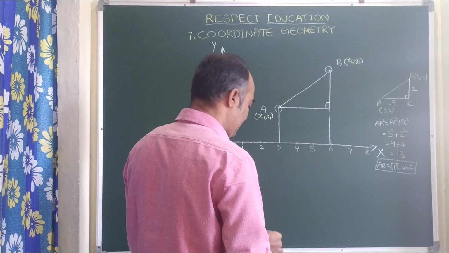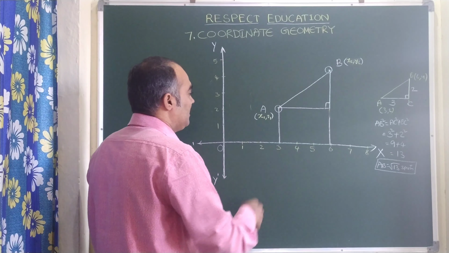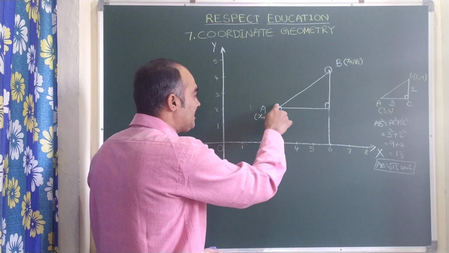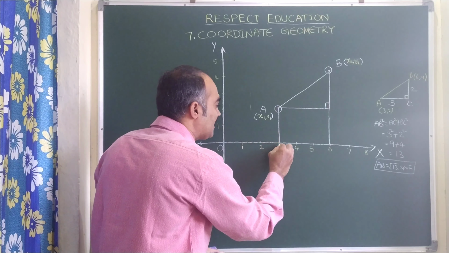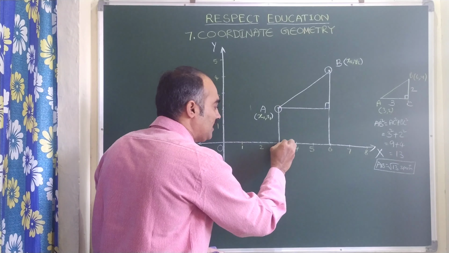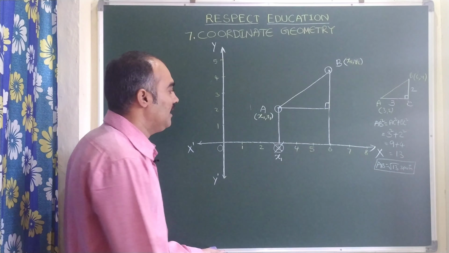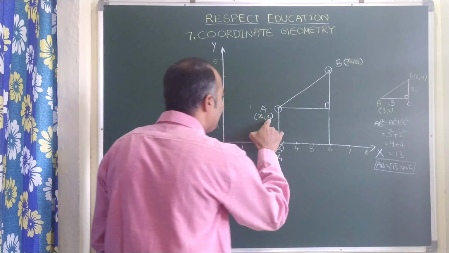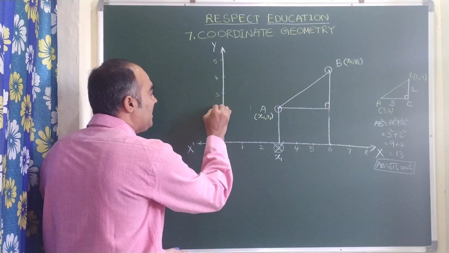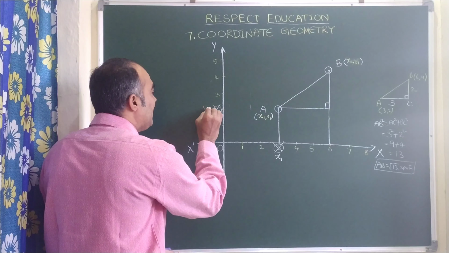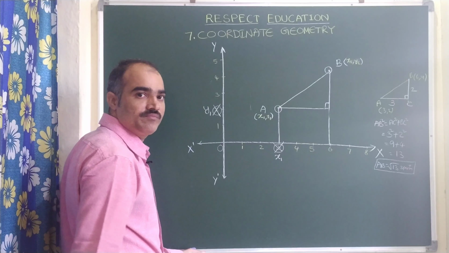Now here you observe, this x1 indicates the corresponding value of the x-axis, means here in place of 3 we can take x1. Clear? Here this y1 indicates the corresponding y value of A, in place of 2 we can take this as y1.